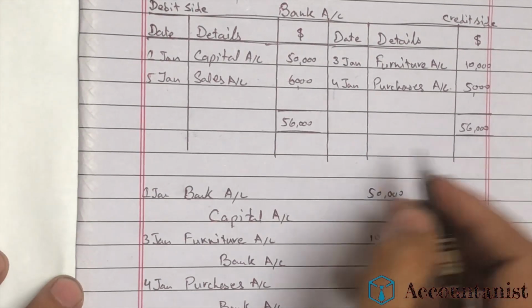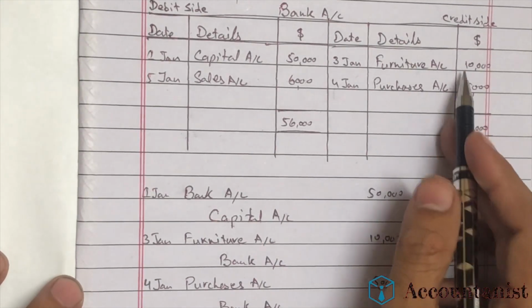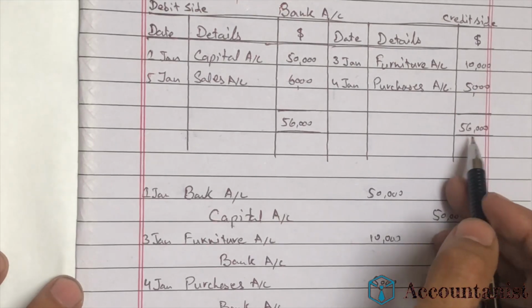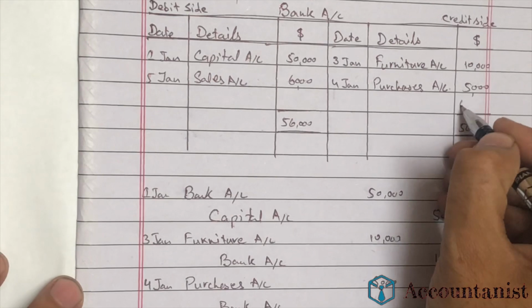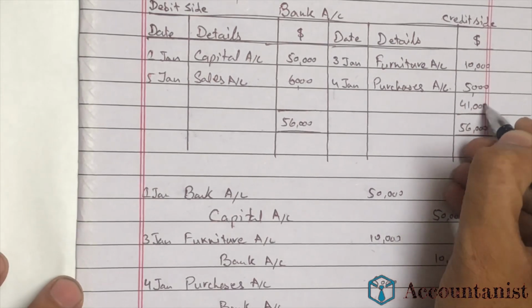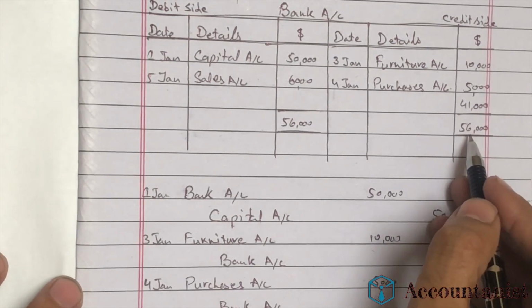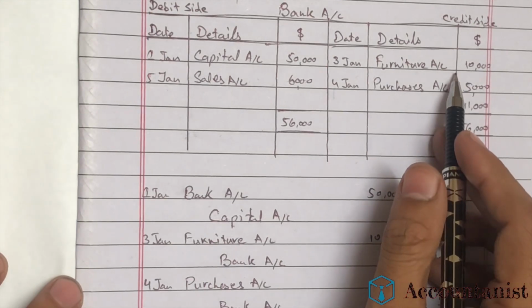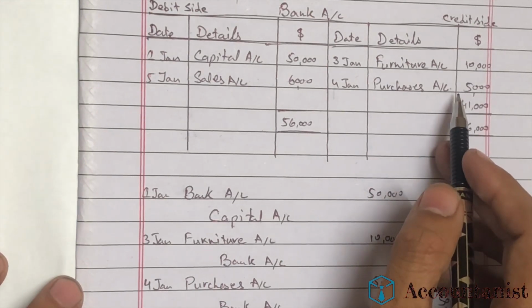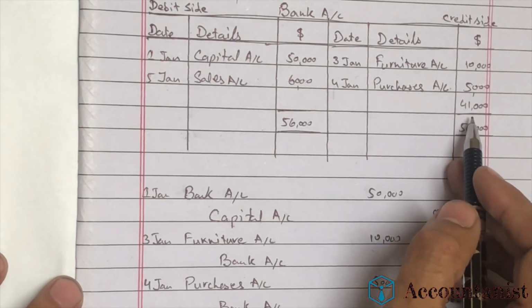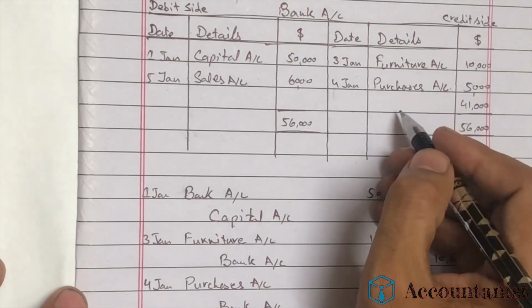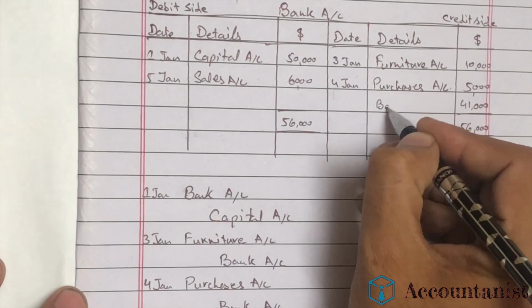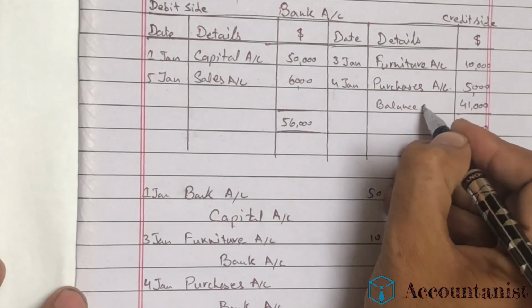Now we are going to deduct this 15,000 from this 56,000, so that ends up in 41,000. So 56,000 minus 10,000 and then minus 5,000 will give me the balance of 41,000. So I will mention this with balance carried down.